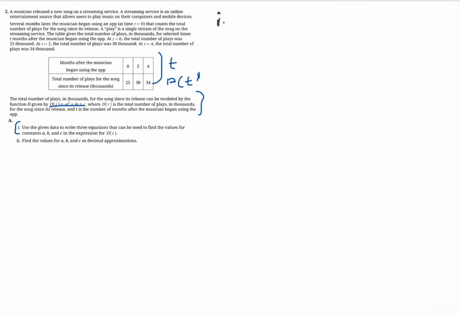So we have a times 0 squared plus b times 0 plus c, which should be equal to, the first output, 25. The second equation, we have a times 2 squared plus b times 2 plus c, which should be equal to 30.